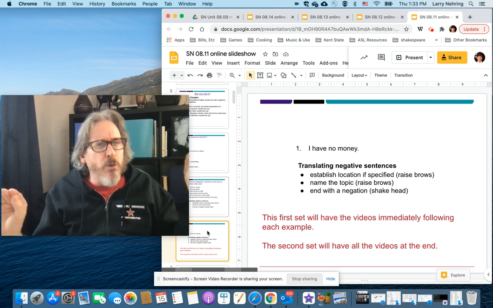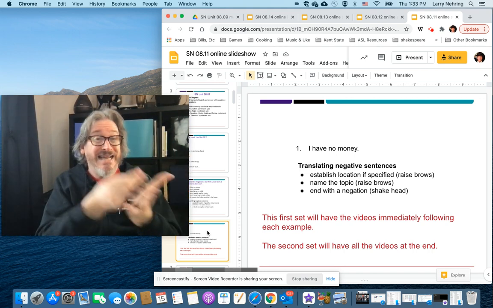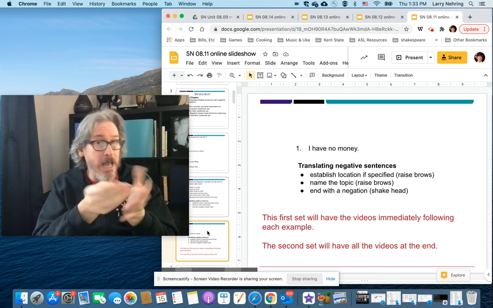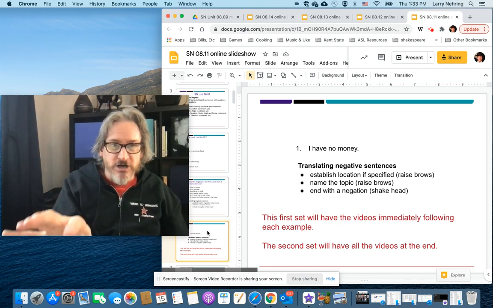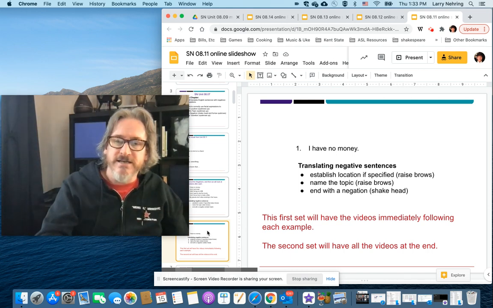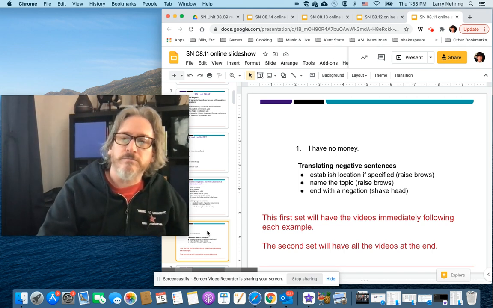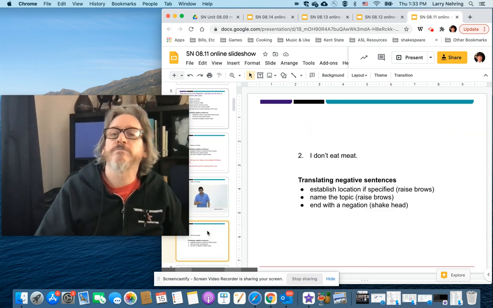In a longer thought, you'd want to organize it a bit better, so it is more ASL technically to go: so that's the topic, money, eyebrows up, money, none. So I kept the instructions right there. Here's the sentence. Think about it positive, flip it to negative, and then here's the video of the example from the book signing it.